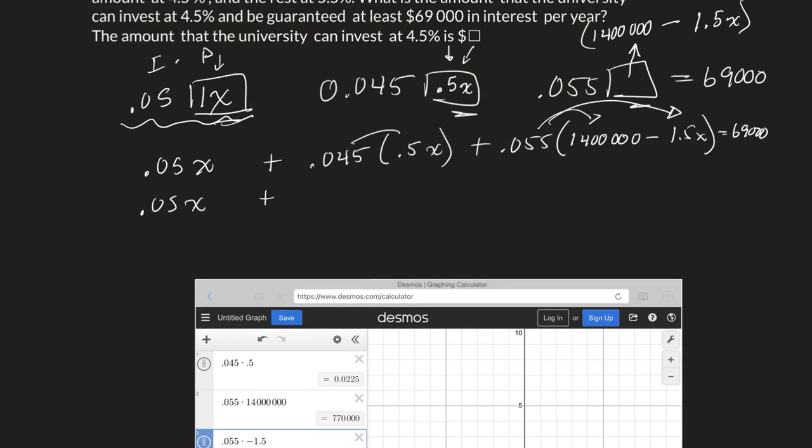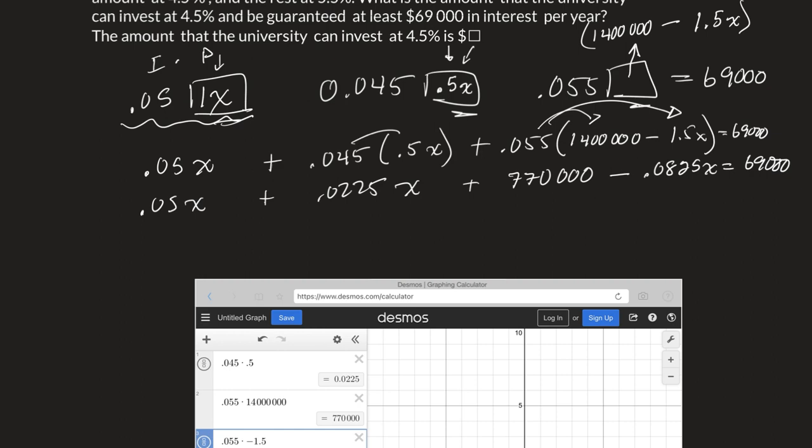So this would be plus 0.0225x plus 770,000 minus 0.0825x, and all that's equal to 69,000.